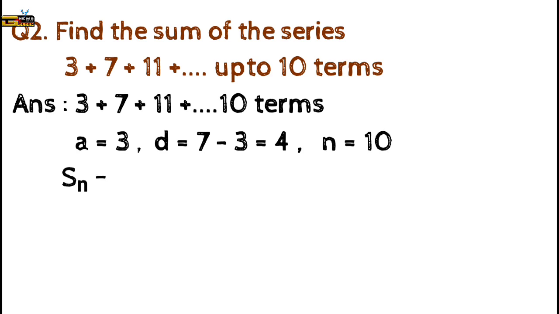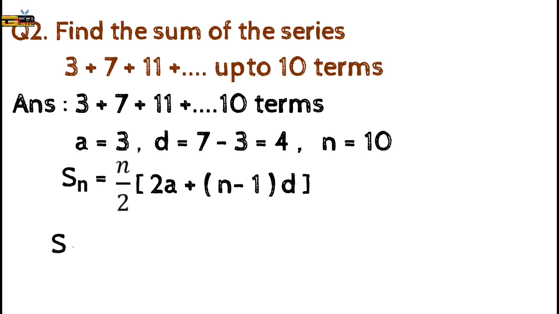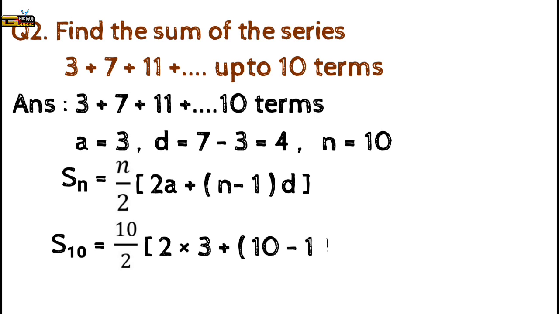By using the sum formula Sn equals n by 2 into (2a plus (n minus 1) into D), and substituting the values, S10 equals 10 by 2 into (2 into 3 plus (10 minus 1) into 4).